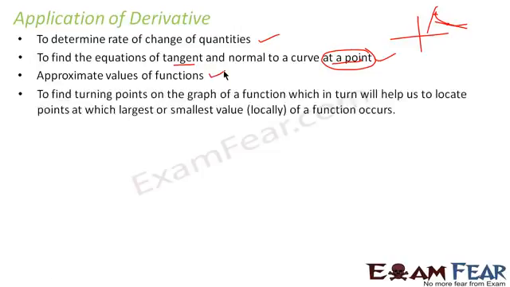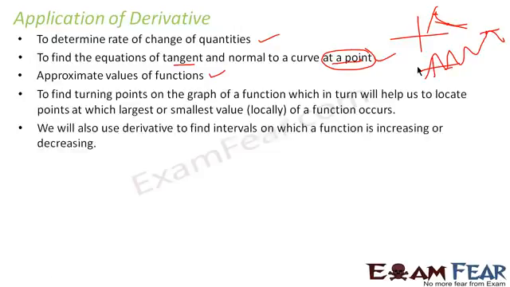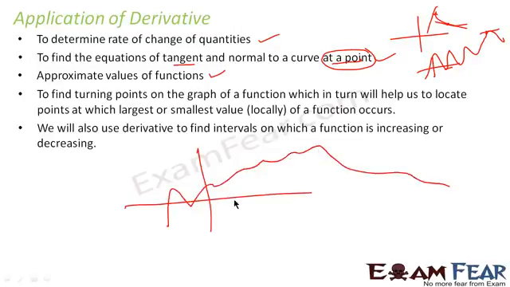It is also used to find the turning points in the graph, and that is used to find local maximum and minimum. For example, you have this kind of function and you want to find what is the maximum value and what is the minimum value. We can use derivative to find such values. We'll also use derivative to find whether the function is increasing or decreasing. For example, this is my graph and this is my function. This function is increasing from this interval to this interval, and it is decreasing from here to here.